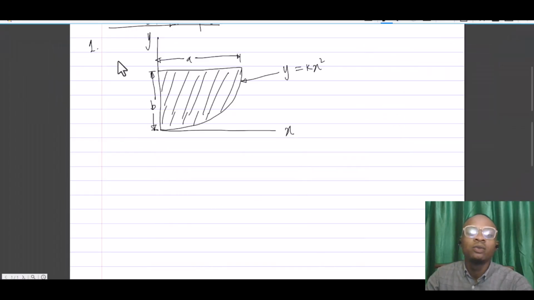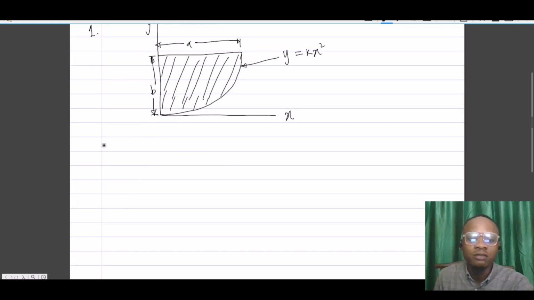All right, so we want to get the moment of inertia by direct integration about this x-axis and this y-axis. We're going to make use of the ideas that were developed in the last lesson.